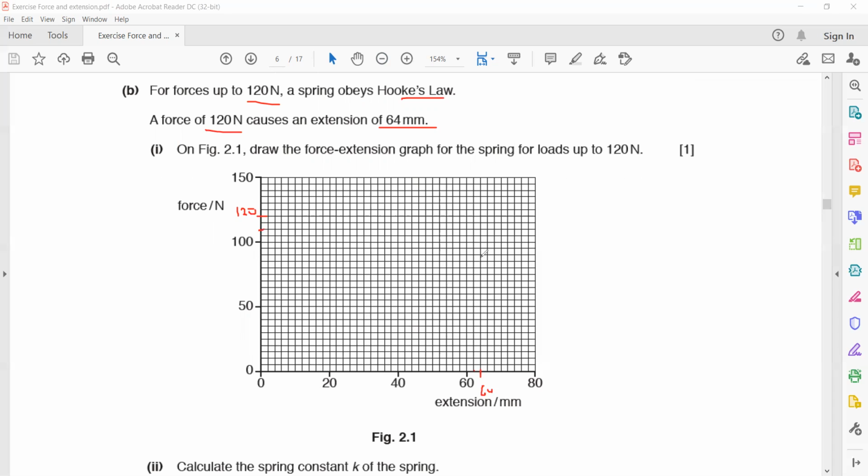And when it is obeying Hooke's law, it should be a straight line. So we'll have a straight line for this graph till the force, as they mentioned, when the force is 120, the extension is 64. Is it clear?